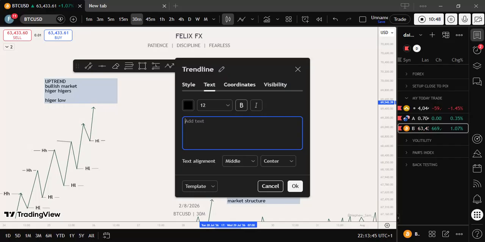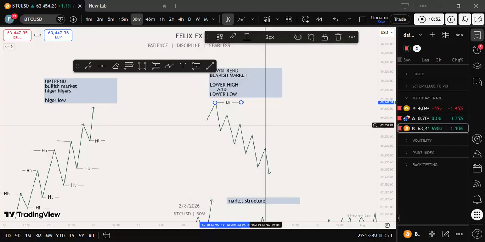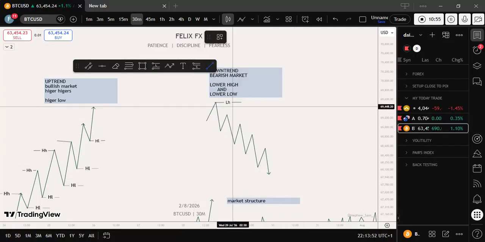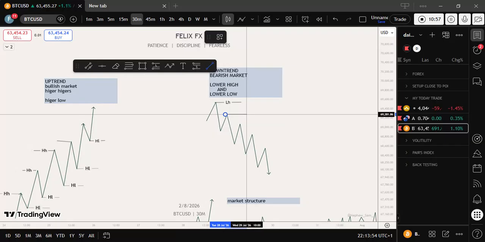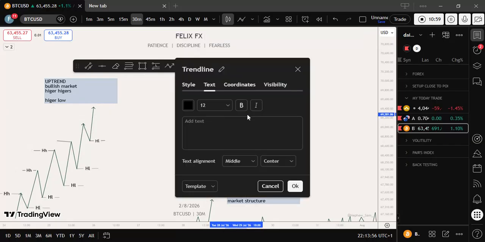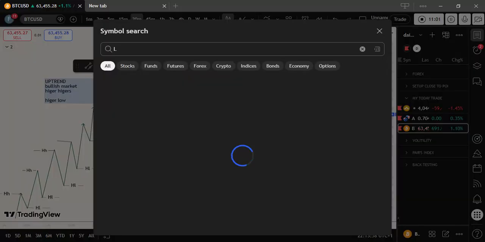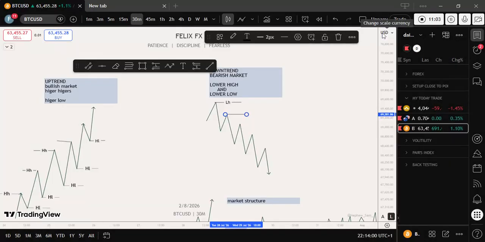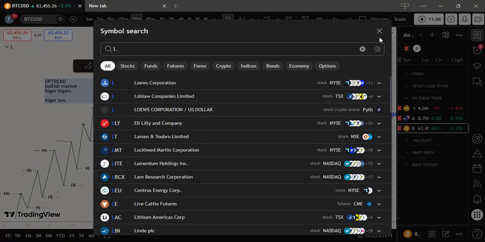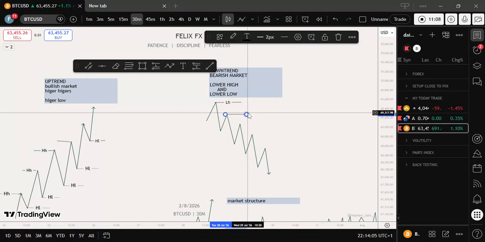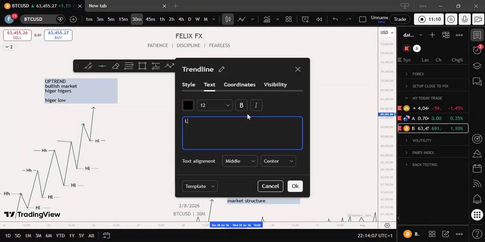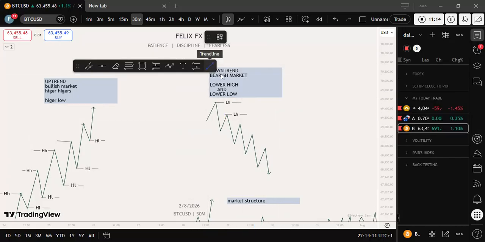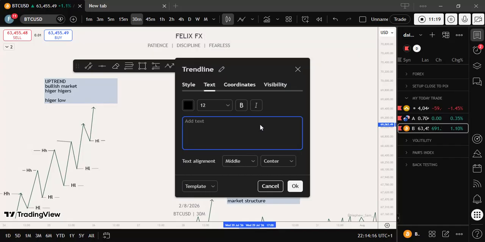You can call it LH, short form for your lower high. This zone here is your lower high.